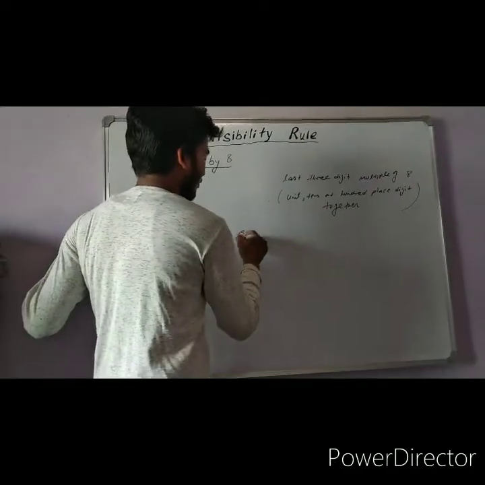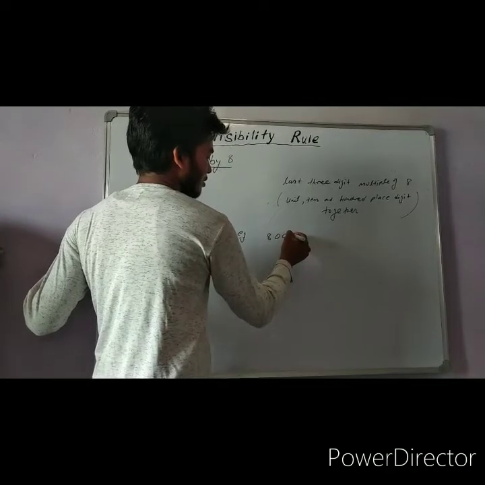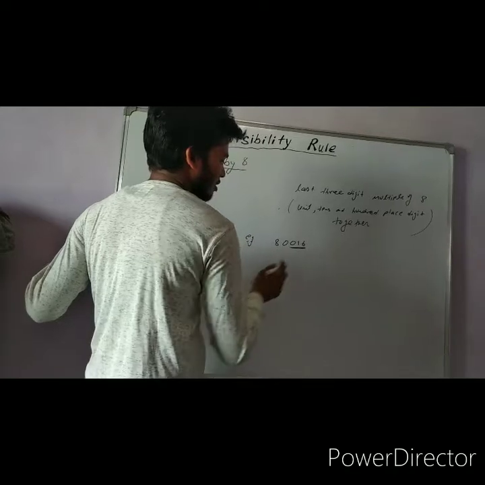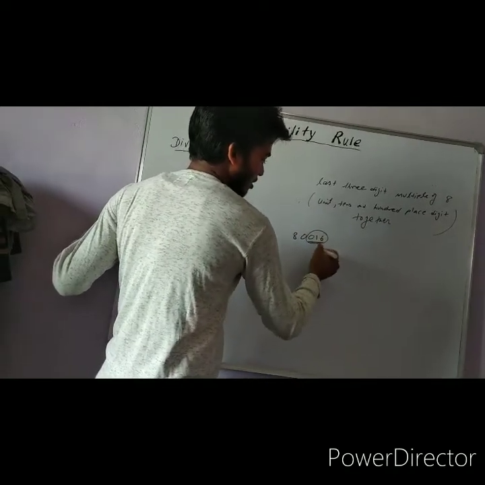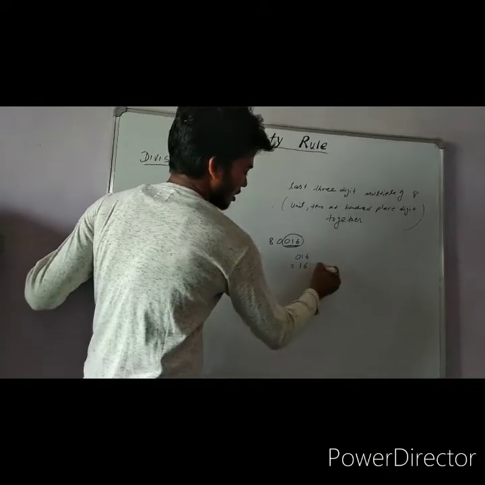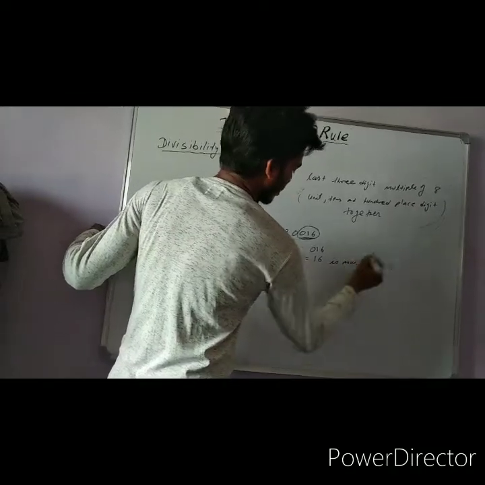For example, 80016. Here the last 3 digits, the unit place, tens place and hundreds place together, make 016. 016 means 16. 16 is a multiple of 8.